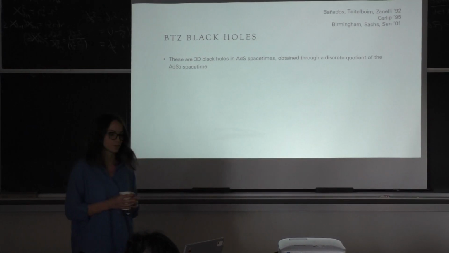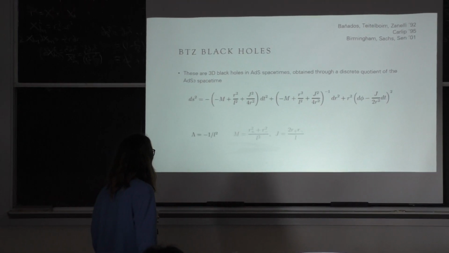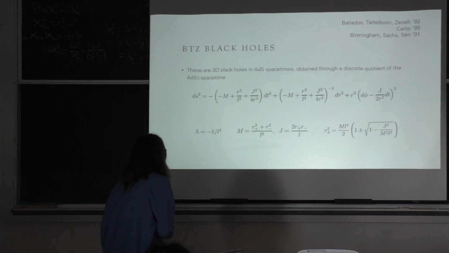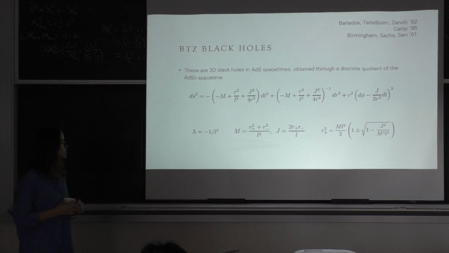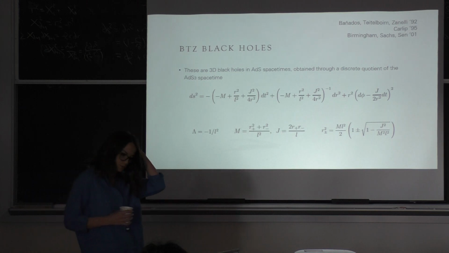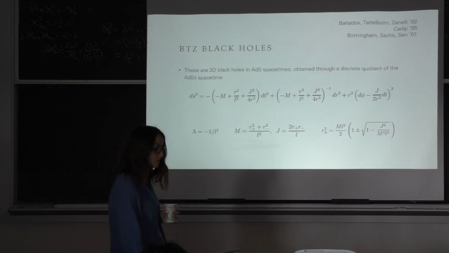It's obtained through a discrete quotient of AdS3. Its metric is pretty simple, where all of these things are very much known. This is an example of a spinning solution, so we have a J and we have a mass. r plus and r minus correspond to the event horizon and the inner horizon right here.